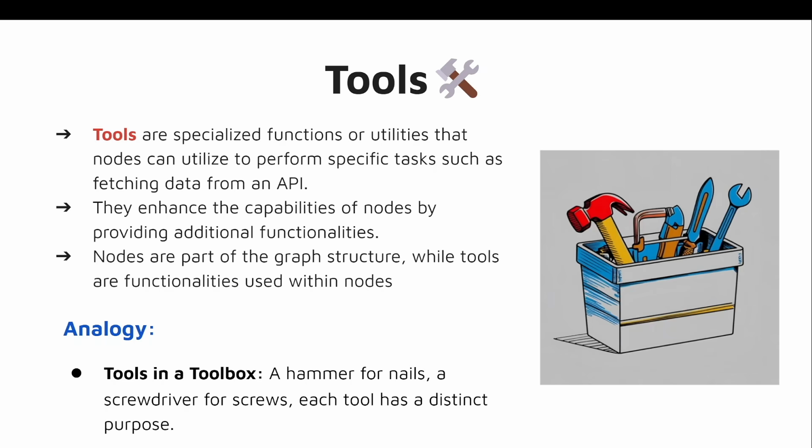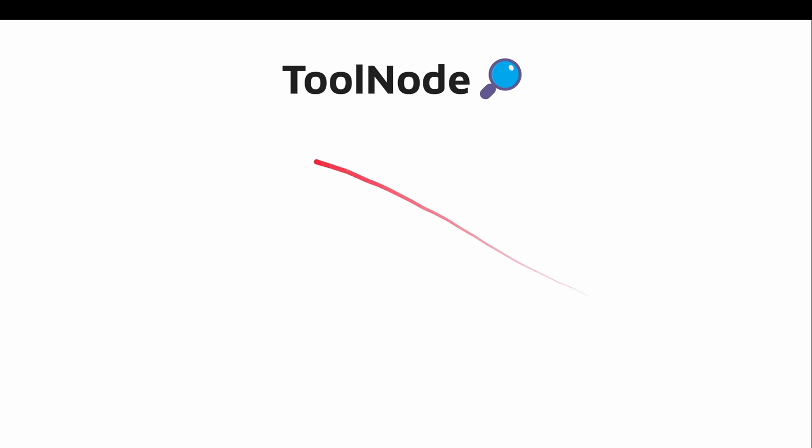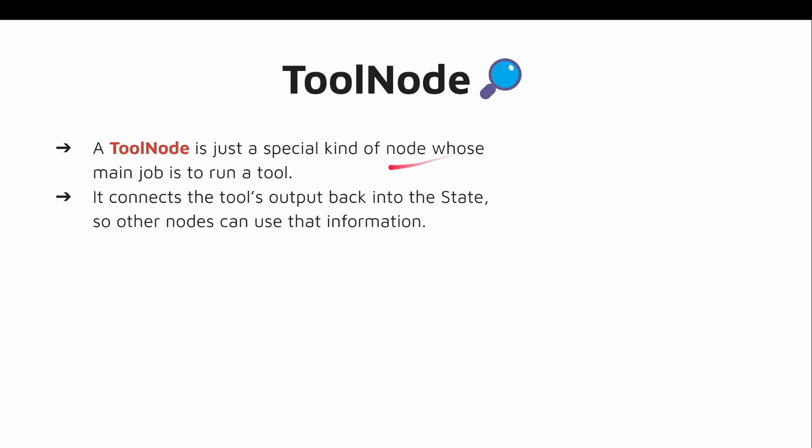Now, another question you could be asking is, is there a middleman between a tool and a node? Short answer is yes. That's where the tool node comes in. A tool node is just a special kind of node whose main job is to run a tool. For example, a tool node could be a node whose only job is to use a tool, and that tool's job is to fetch some data from an API.